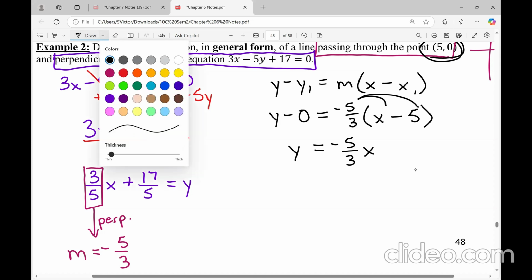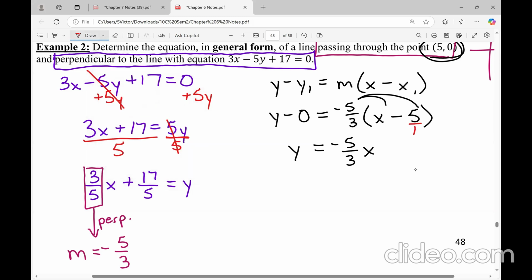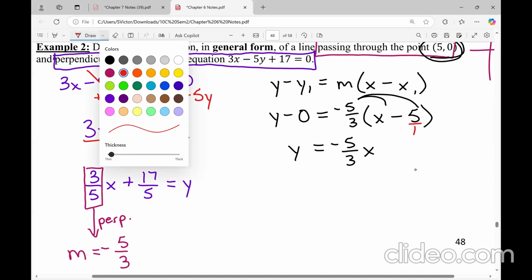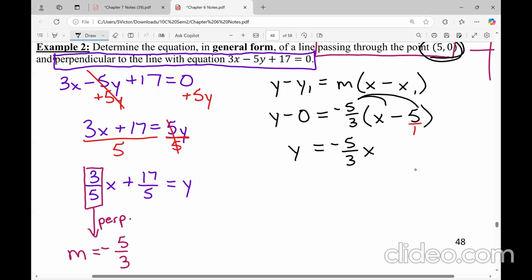Please remember when you multiply a fraction and an integer, you only multiply the numerator by that integer. Okay? If you forget, again, you're welcome to put it over 1 and then multiply the numerators together, multiply the denominators together, right? -5 times -5 is +25. 3 times 1 is 3.